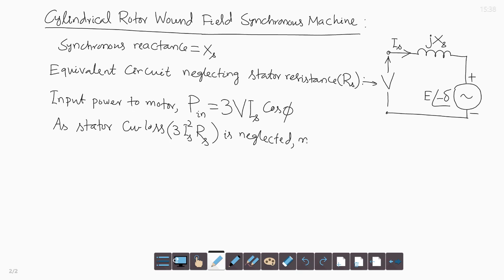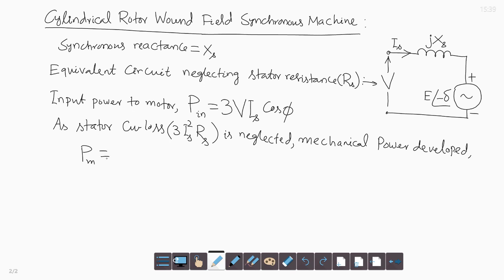So, with the copper loss neglected, what is the mechanical power developed? Let us write that as P m.